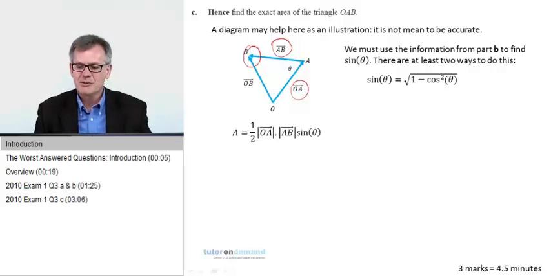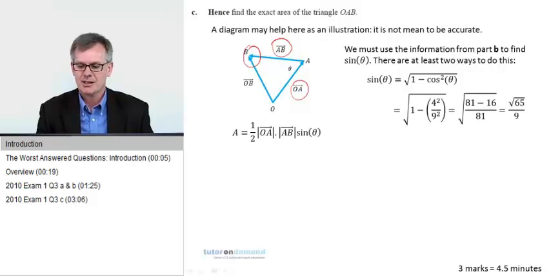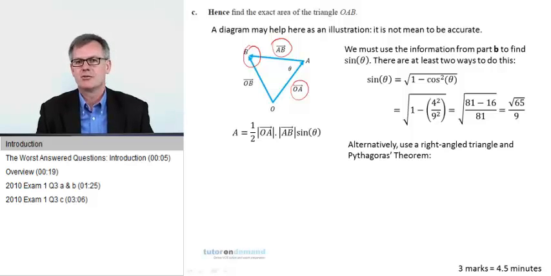It says hence in the question, so really we need to use the information from part B to find sine theta. There's 2 ways to do this. One is to use the identity, as I've shown you there, and that gives us root 65/9. Another way is to just draw a right angle triangle.